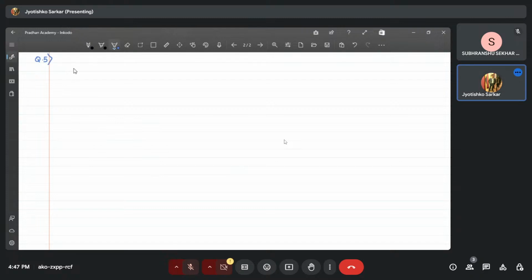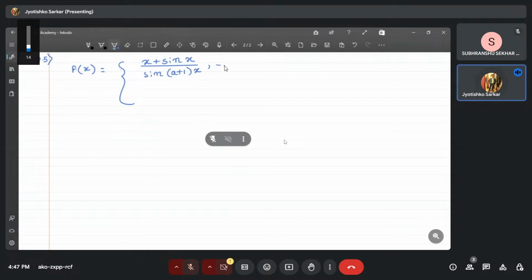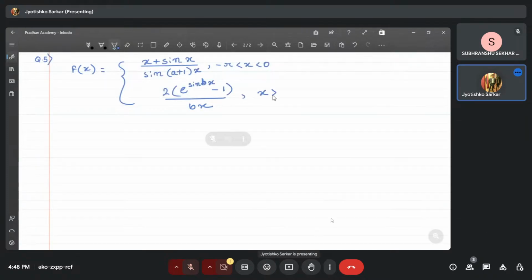So our function is f(x) equals (x plus sin x) divided by sin((a plus 1)x) whenever x lies between minus pi and 0, and 2 e to the power sin(bx) minus 1 divided by bx whenever x is positive, and 2 whenever x is 0.